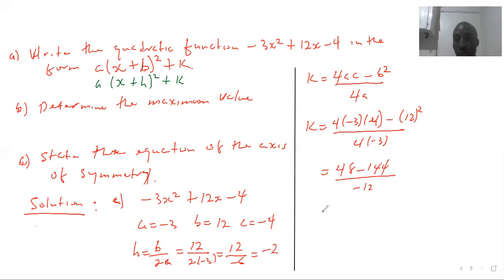So I'm going to work out the k value. My k value will be 48 minus 144, which gives me -96. So I have -96 divided by -12. When I work it out, 96 divided by 12, I get 8.